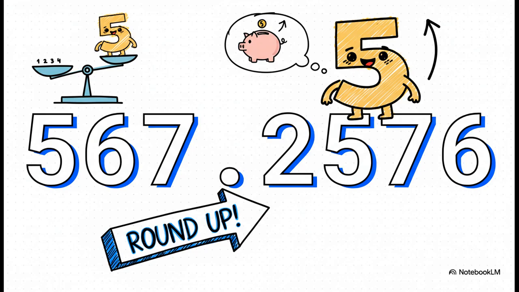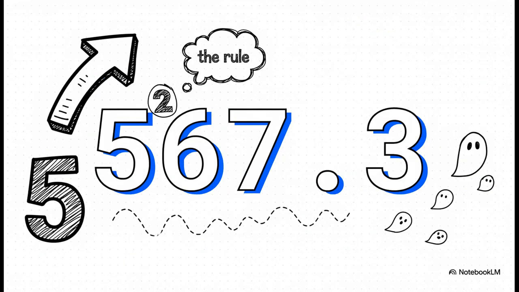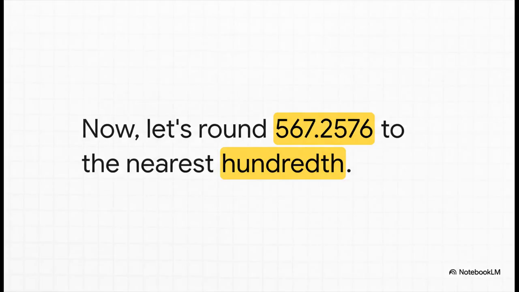Is it on the round up team or the stays the same team? You got it, it's on the round up team. So for step 3, we just use the rule. Since the neighbor was a 5, we round our target digit, the 2, up to a 3. And then everything after that 3 just disappears. So our new, friendly, rounded number is 567.3. See? So much simpler. Let's try another one.